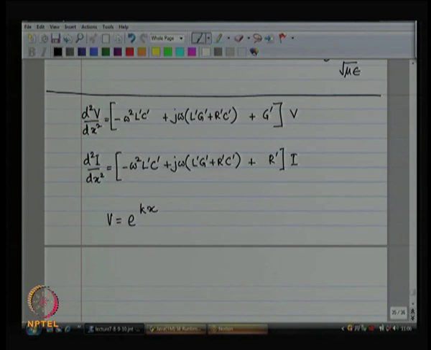So, dou squared V by dou x squared is going to be k squared times V, and that is whatever is inside the brackets times V. So, really k should be equal to the square root of the quantity inside. Now, the square root of the quantity inside, it could be the positive square root, it could be the negative square root. You always have two square roots.